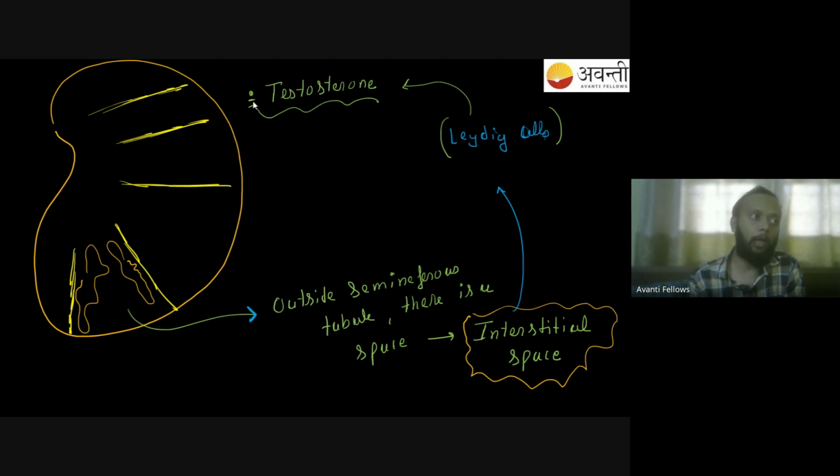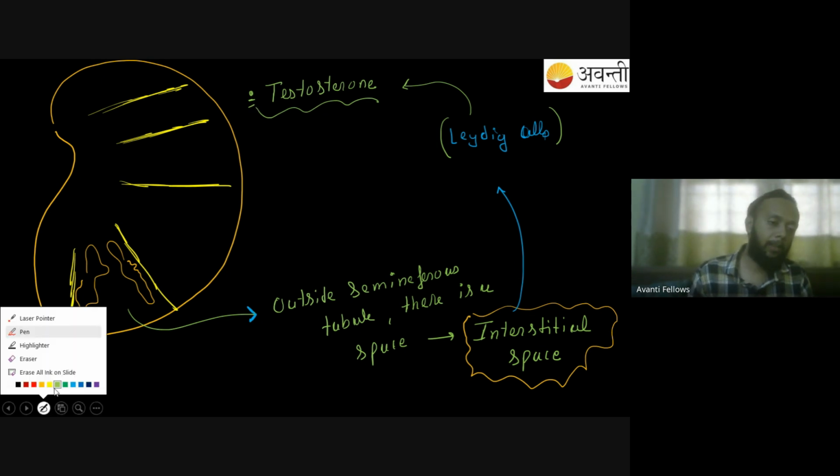Now Leydig cells which are going to release testosterone, remember that they are going to play a very important role. This testosterone will play a very important role during spermatogenesis. So जब sperm formation हो रहा होता है आपके seminiferous tubule के अंदर तब ये बहुत important role play करता है. So this testosterone will play an important role in spermatogenesis and also in giving the male secondary sexual characters.